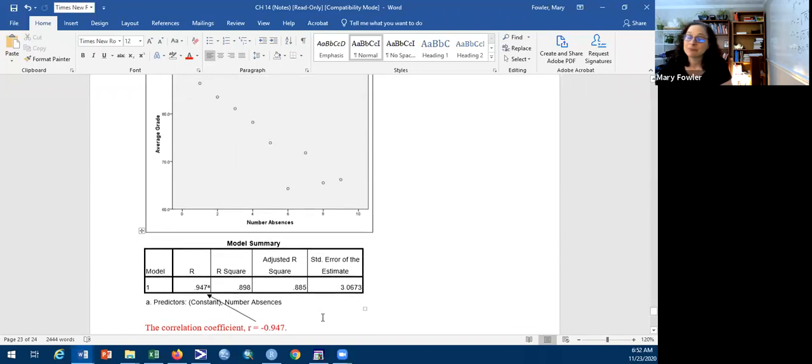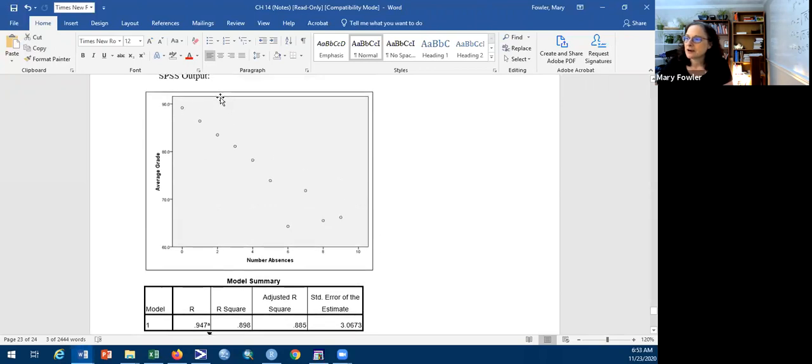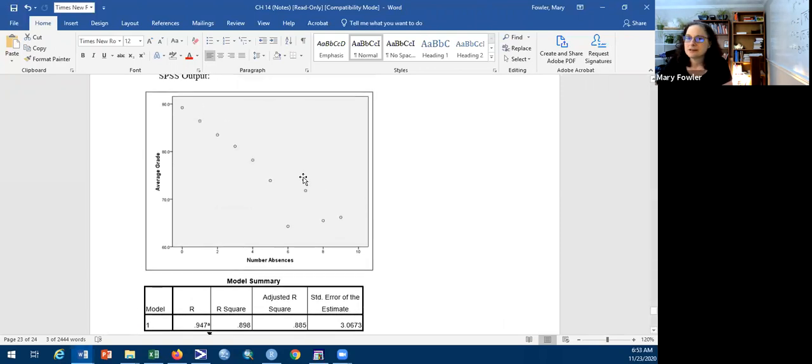Software systems can do what they want to do as long as they document it. So in fact, here we get this value of R, but it is unsigned. We have to add that sign ourselves.